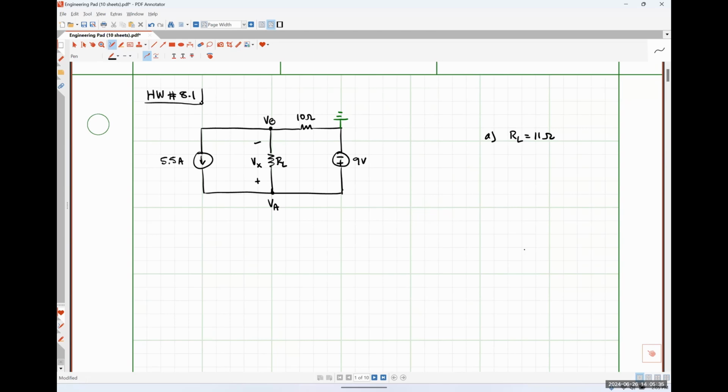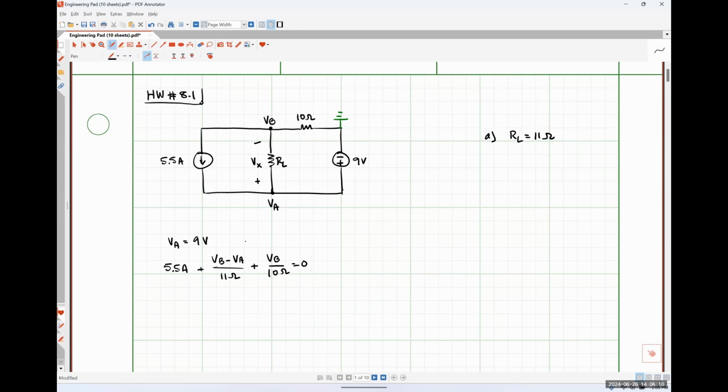So we can say right from the jump that VA is equal to 9 volts. KCL at node B tells us that 5.5 amps plus VB minus VA over RL, which in this case is 11 ohms, plus VB over 10 ohms is equal to 0.